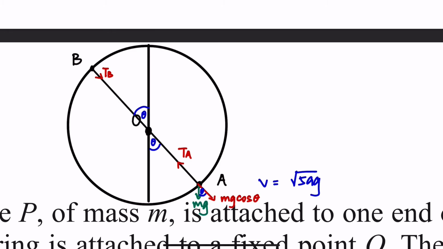So the weight would be mg, and when we resolve it in the direction of the circle perpendicular to the circle, this would be one of the forces, and another one would be here.